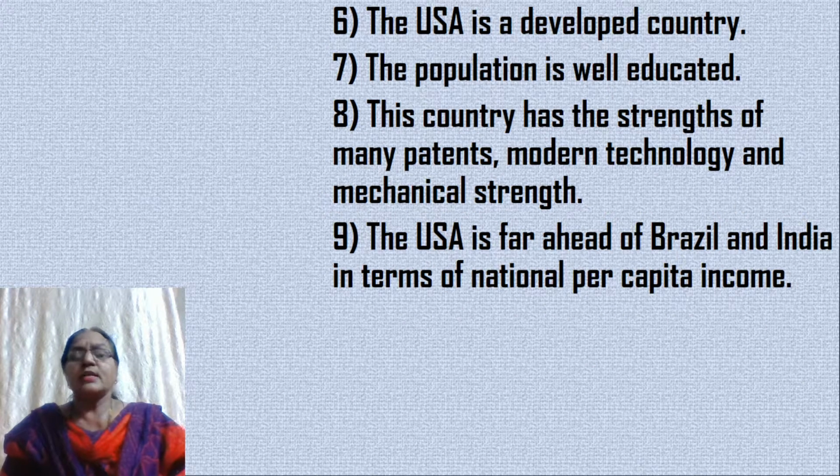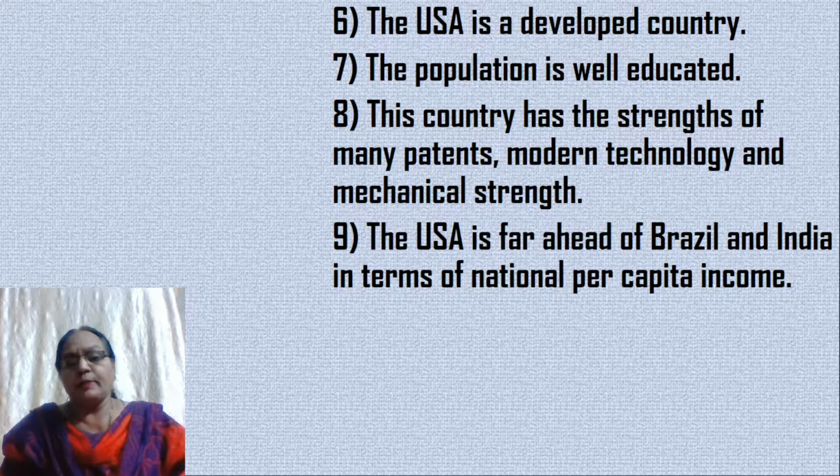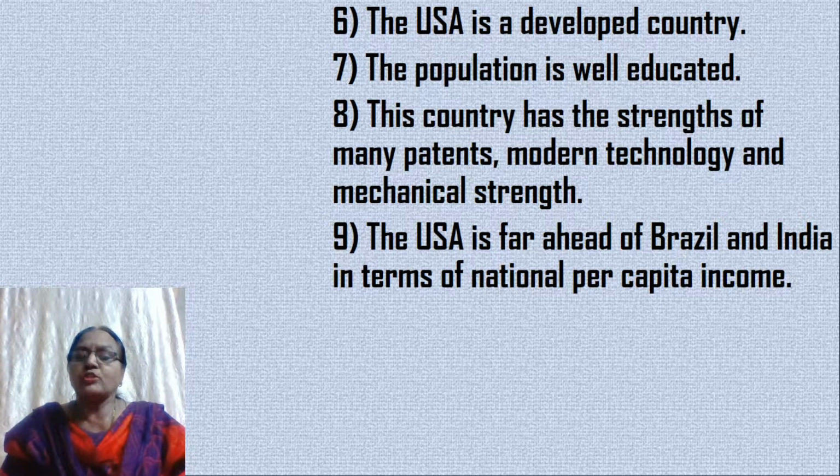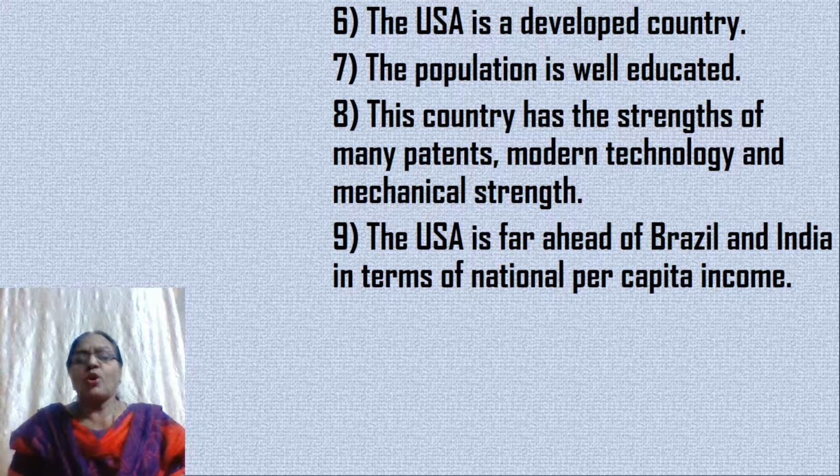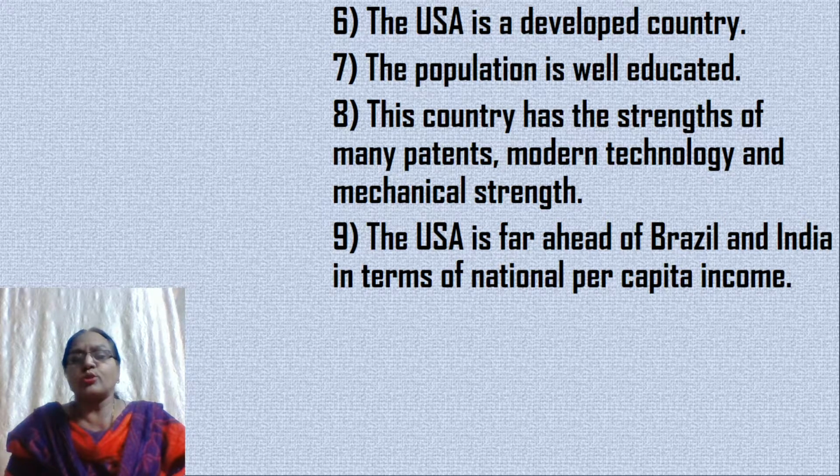Now, next is the USA. The USA is a developed economy, and you find the population is comparatively low when you compare it with that of India, and the population is also very well educated. The country also has the strength of many patents.